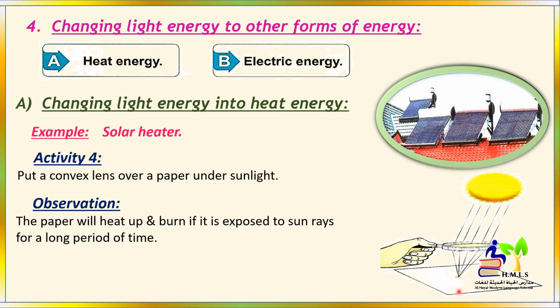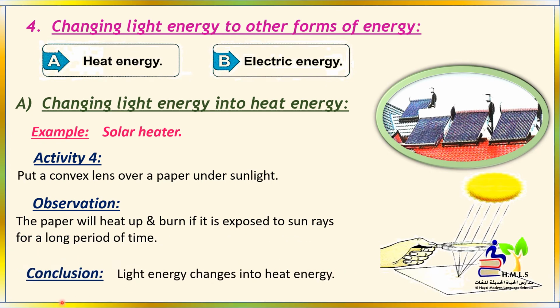Again, so this part of the paper will burn. Why? Because all of this amount of heat is collected in one part of the paper. So this part will burn. What is the conclusion? The light energy of the sun can be changed into heat energy.